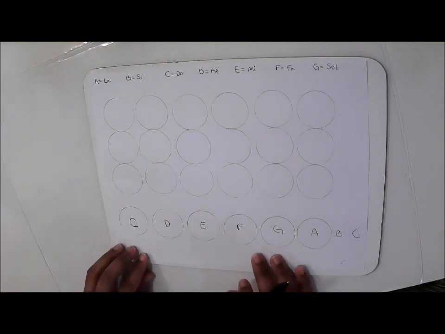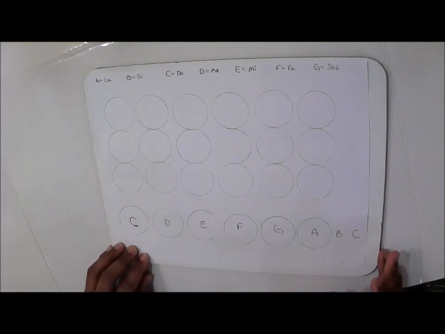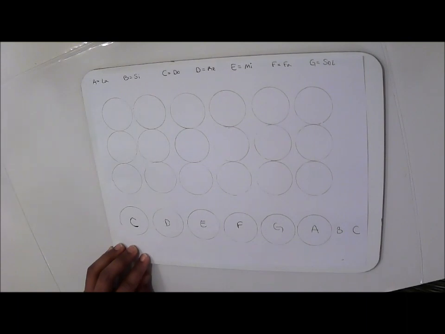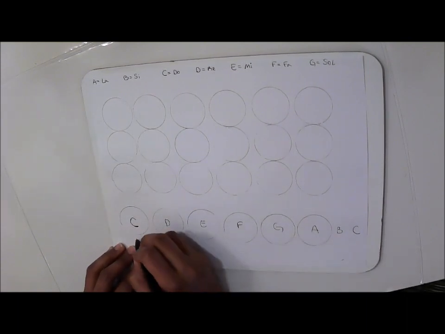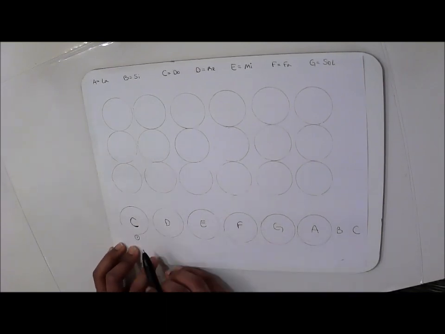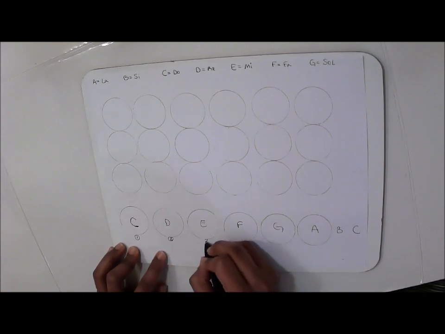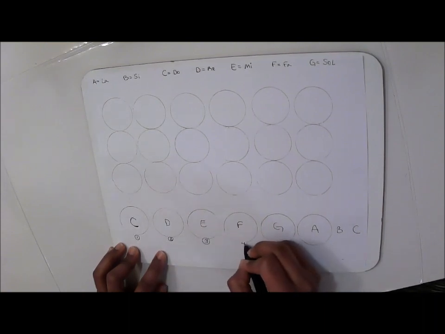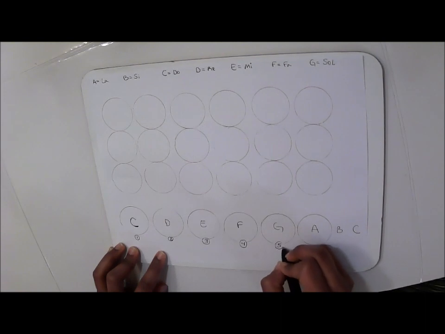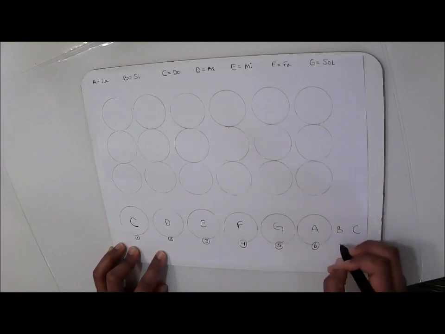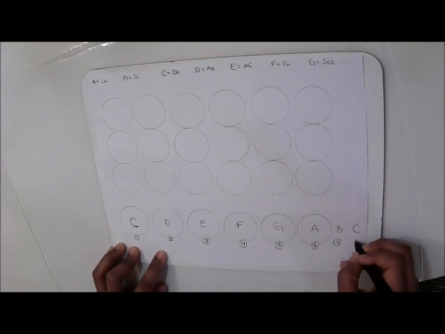The next thing I am going to do is assign a number depending on the order of each one of these notes. So this is going to be 1, 2, 3, 4, 5, 6, 7, and 8.